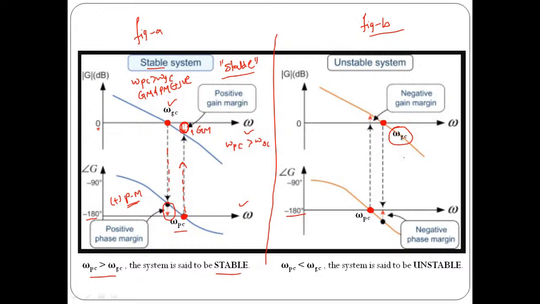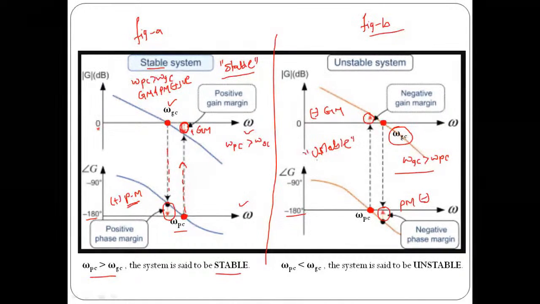From this, it is very clear that the value of omega GC is more than omega PC. So here, both the gain margin and phase margin are going to be negative, and the system is said to be unstable.